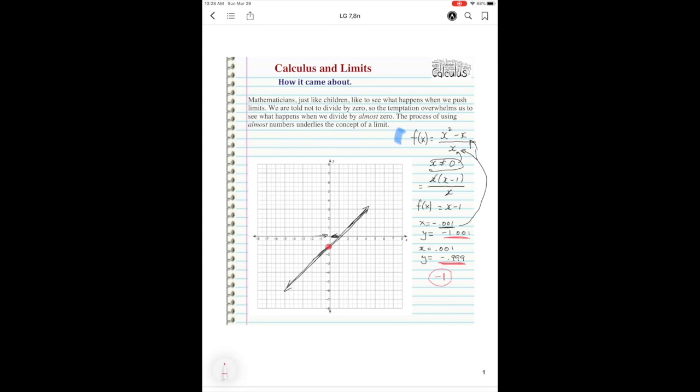So if I write this as a limit question, the limit as x is approaching 0 of this function, we know the answer is negative 1. That's what limits are about. They tell us what we're getting close to.